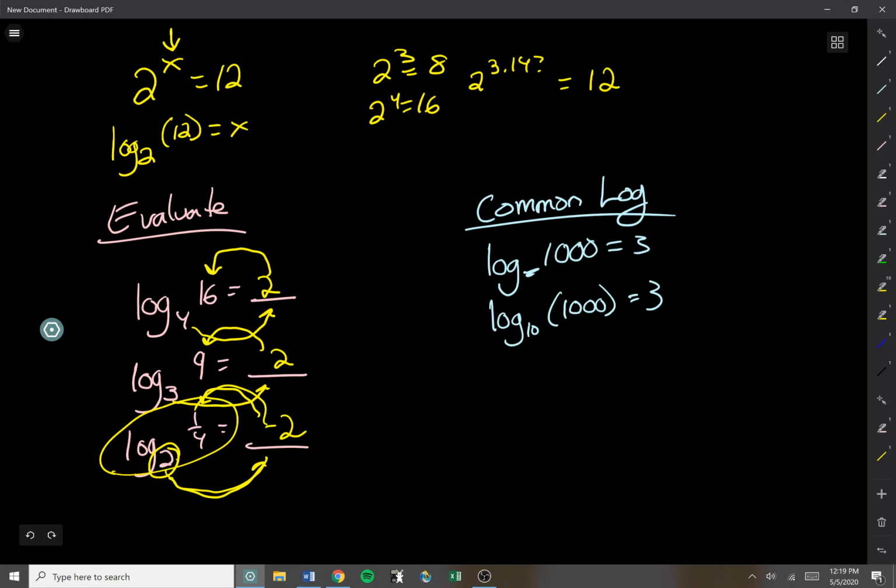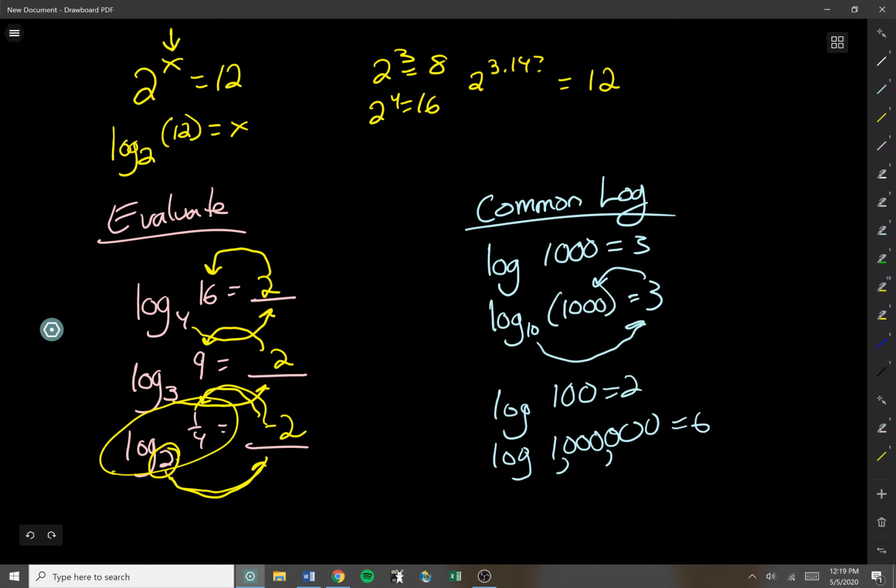If you just see log of 1,000 equals 3, that means your base was 10, because 10 to the 3rd equals 1,000. In the same way, the log of 100 is 2, and the log of 1,000,000 is 6, because there's 6 zeros. 10 to the 6 equals 1,000,000.